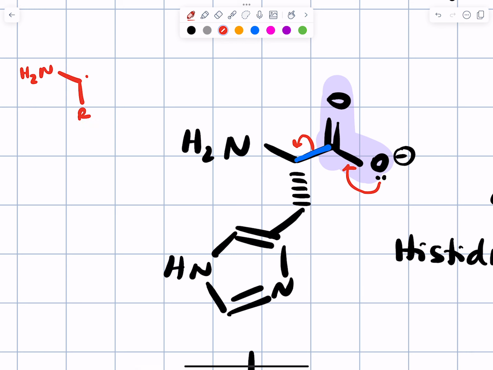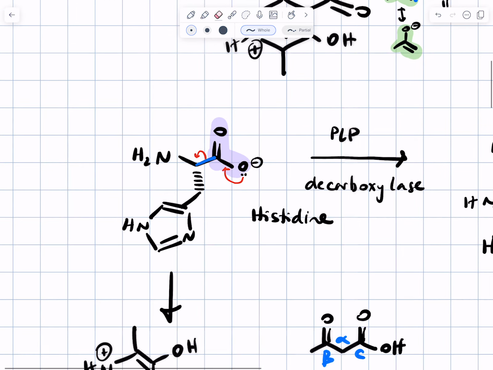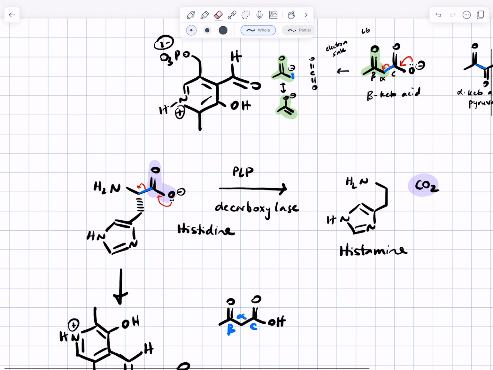So that's just a regular negatively charged sp3 hybridized carbon, not resonance stabilized, highly, highly unstable. There's no place for electrons to go. So the whole point of using PLP is to provide the electrons a place to go. Let's see how that changes things.